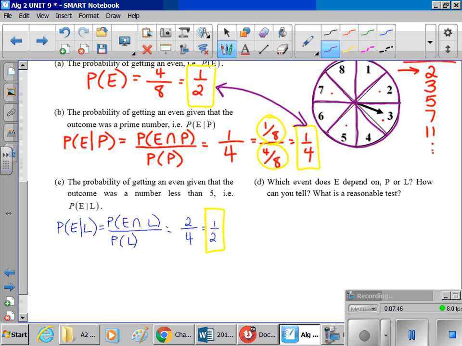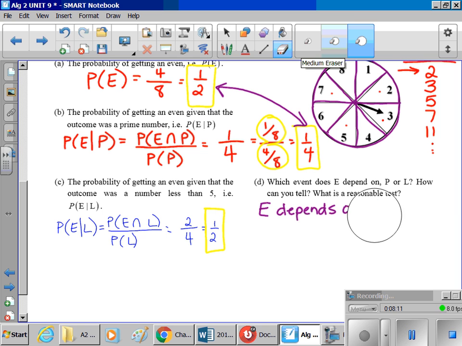So what do we have to say here? We can say E depends on P, all right, because the probability of E changes. So why don't we write that differently? Okay, forget about that. Sorry about that.